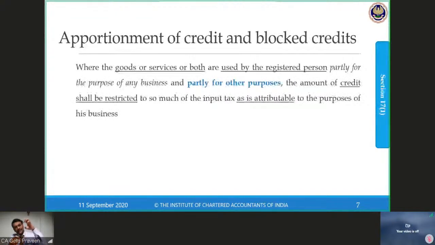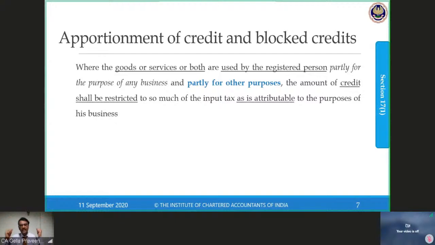Now, the definition of business, section 2, subsection 17, we have read in the first session along with the input tax definition. Partly for other purpose: that which is other than business is called other purpose.